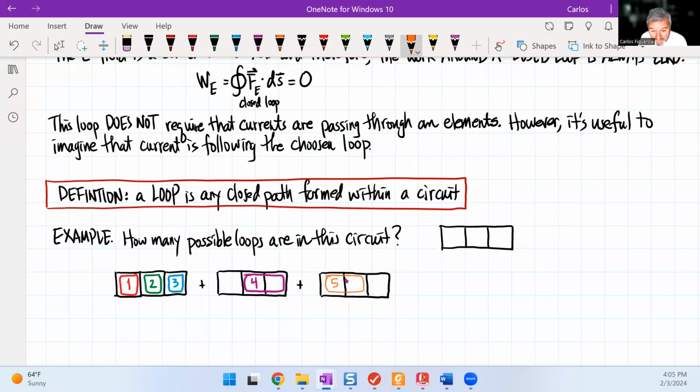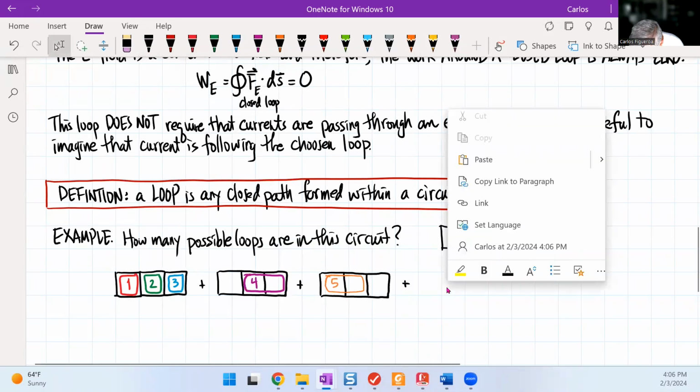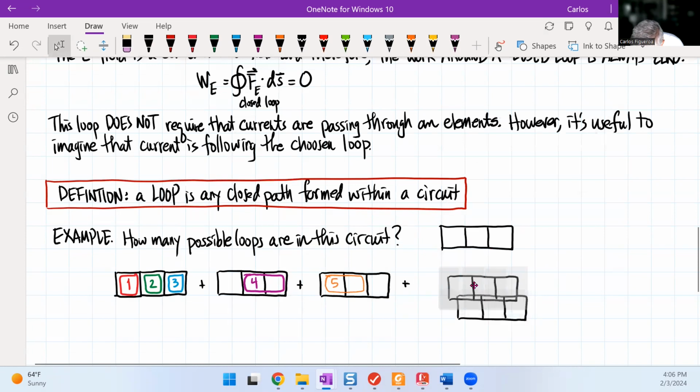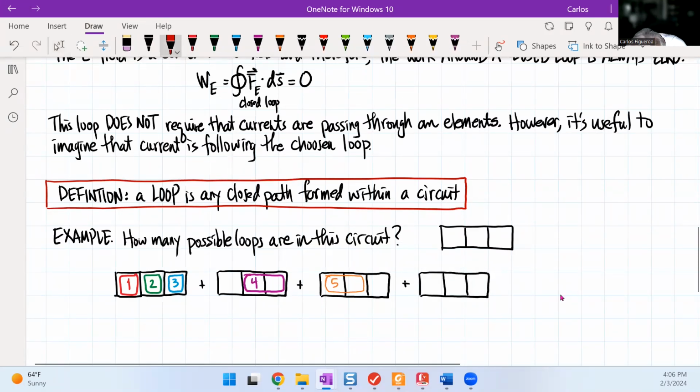And that will be the 5th loop. And then I could have even another possible loop, which then comes in and it looks like this. So that would be 6 possible loops.